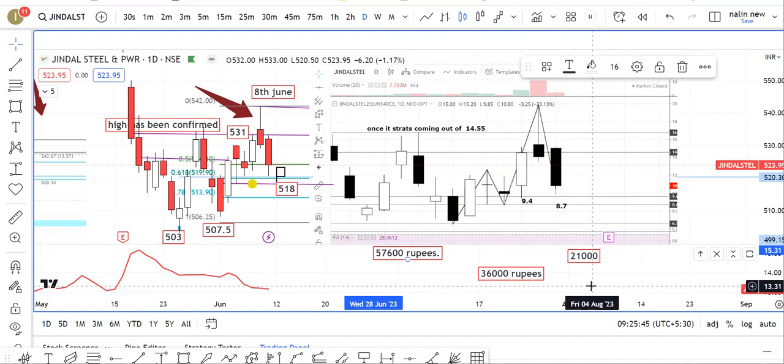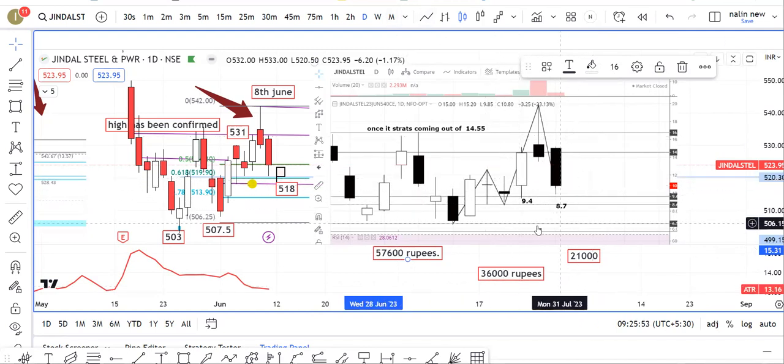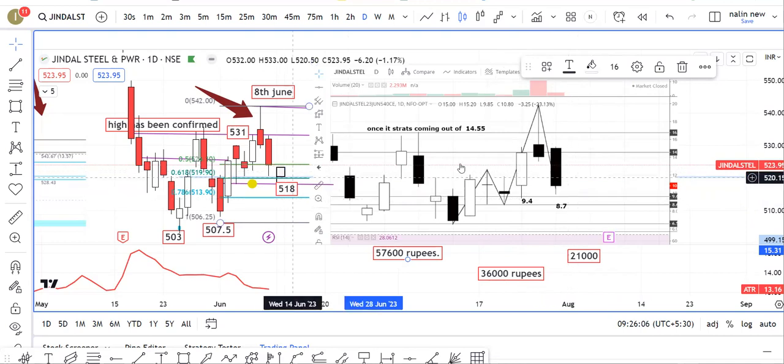So I'm going to tell this person, now he has averaged around 16 rupees. He should watch the price of 9.4, 8.7 and 8.1 on the option premium. If it is not violated, it is going to turn around.